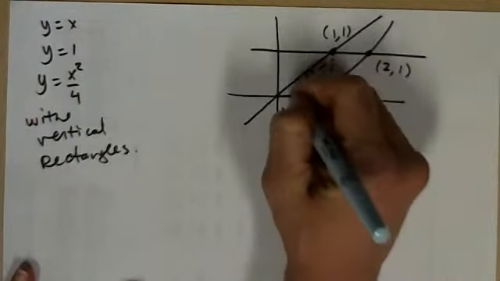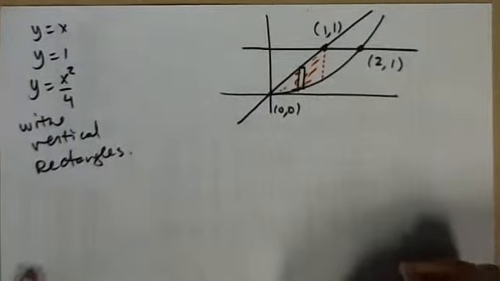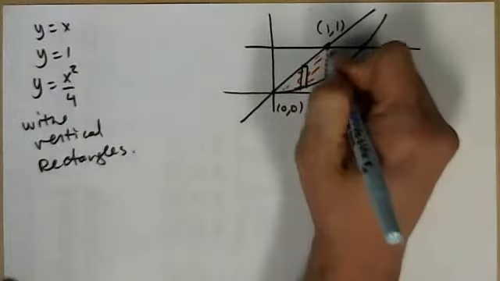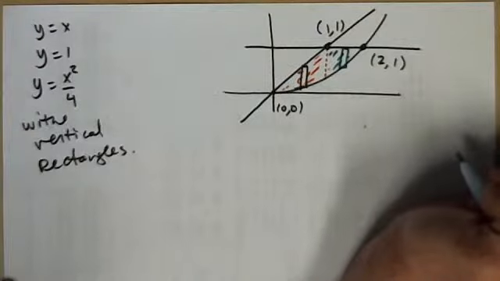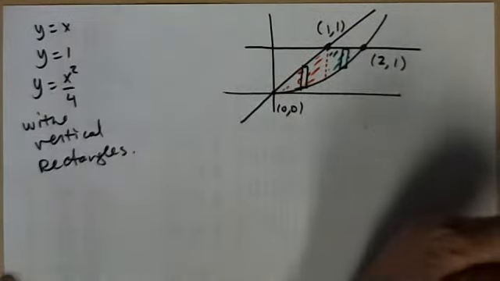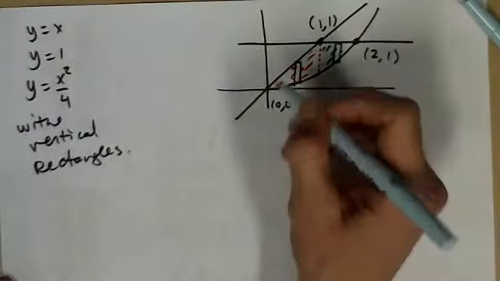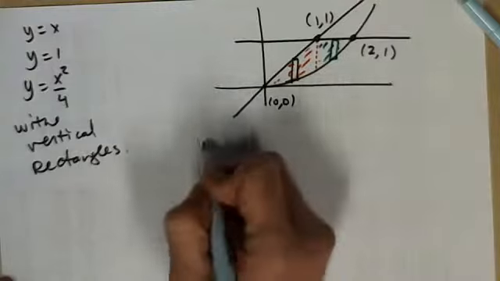I'm going to find this left area with one integral, and then the right area with a different integral. I'll change colors so you can see, and we're going to keep our fingers crossed. With my vertical rectangles, I have dx.